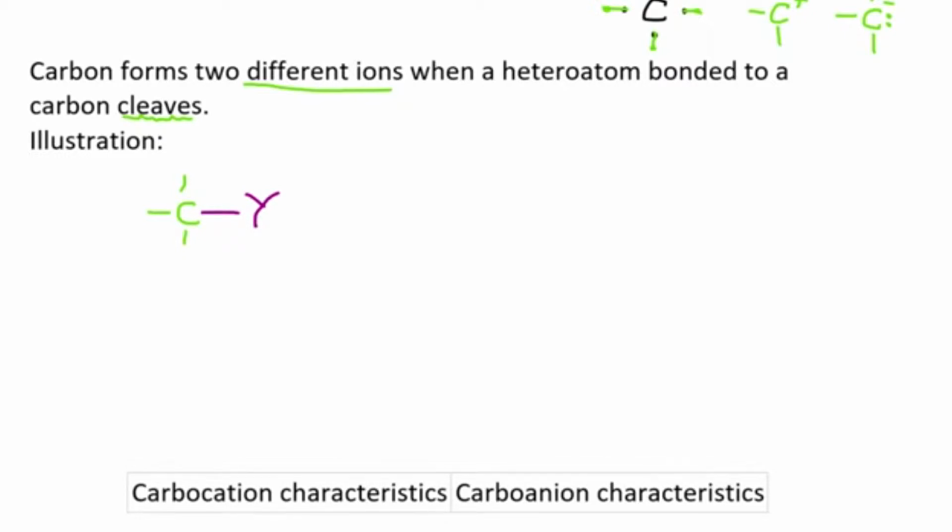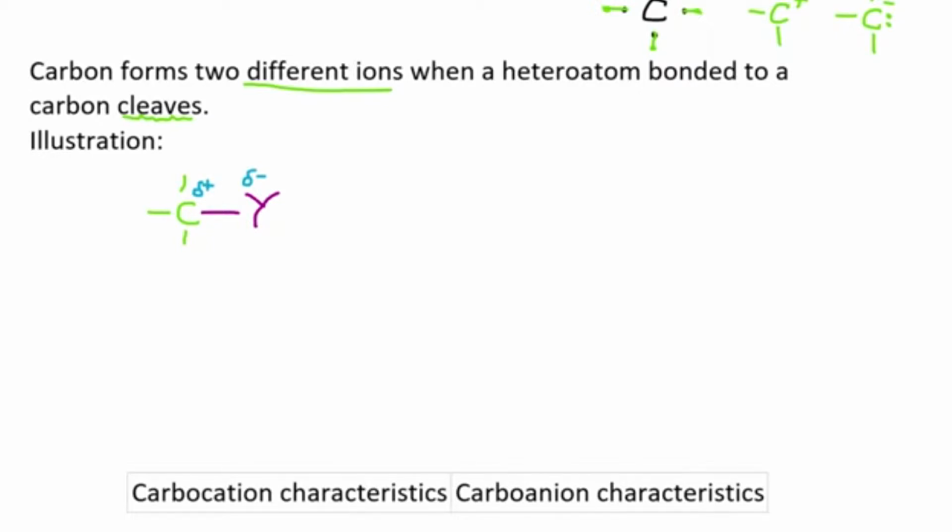What we notice here is that Y is sometimes a good leaving group. It has a dipole moment with a partial negative charge, and the carbon by convention has a partial positive charge.